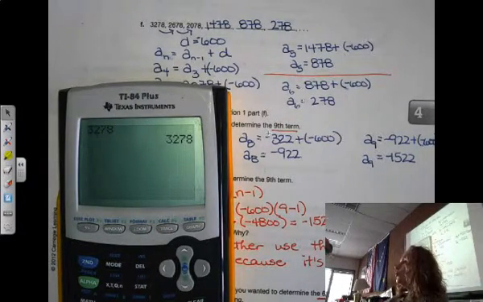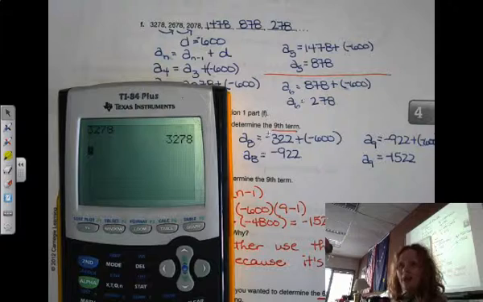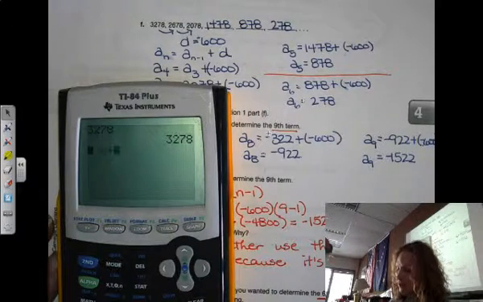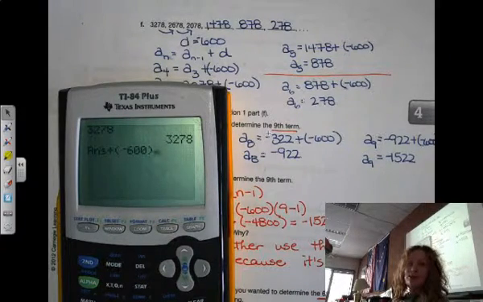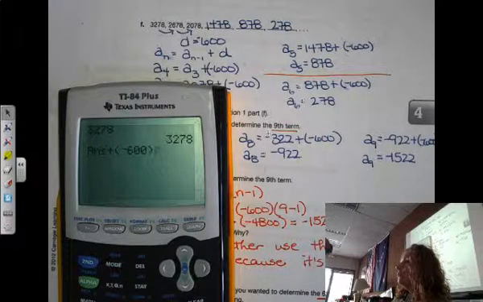It puts that first term in the calculator's memory. Then, if you hit plus the common difference, so plus, what is the common difference? Negative 600. So that tells the calculator what to do with that thing in its memory.